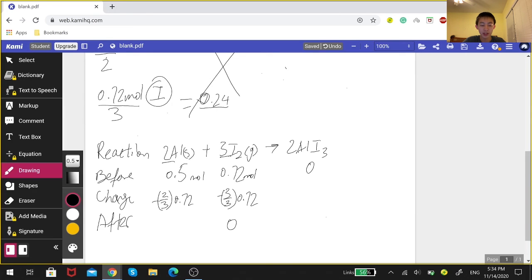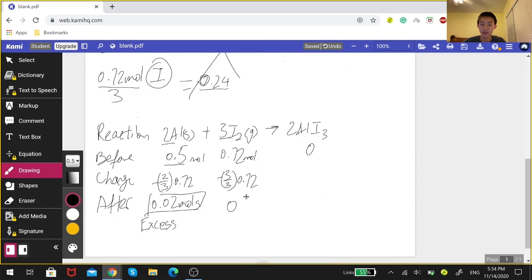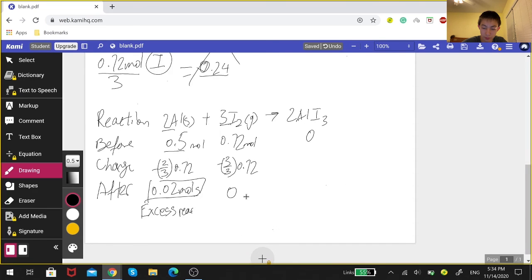I put into my calculator 0.5 minus 2/3 times 0.72, and I get 0.02. That's how many moles of Al is excess or leftover. This is your excess reactant. 0.02 moles of excess reactant remain.